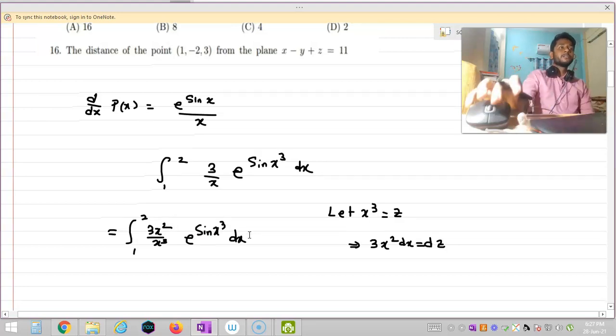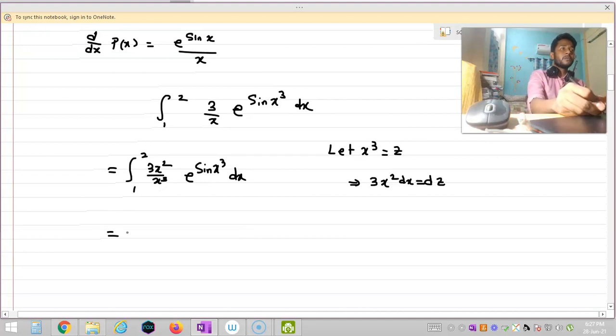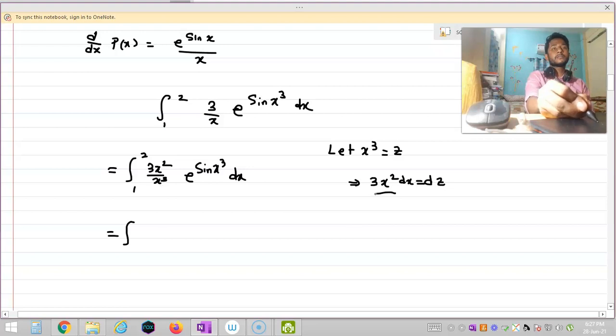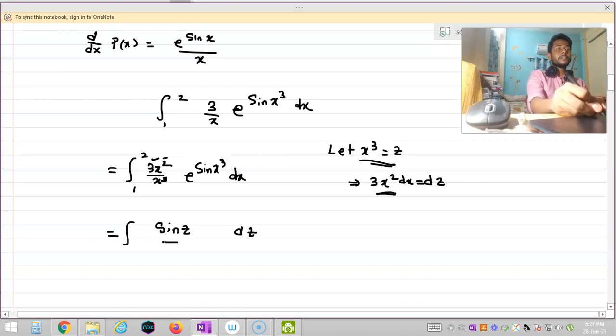So it is equal to the integration. Now you can see that 3x squared dx is equal to dz, so I am replacing 3x squared dx with dz. Since x cube equals z, I can write e to the power sin x cube as e to the power sin z, and the denominator is z.